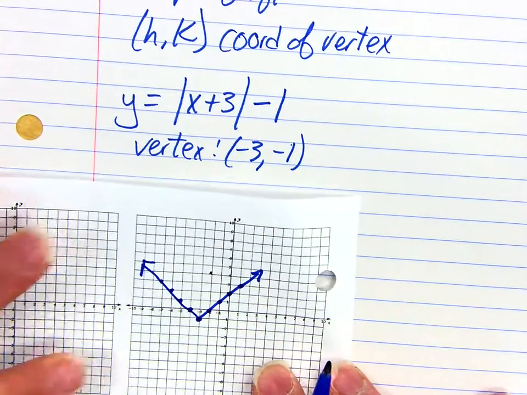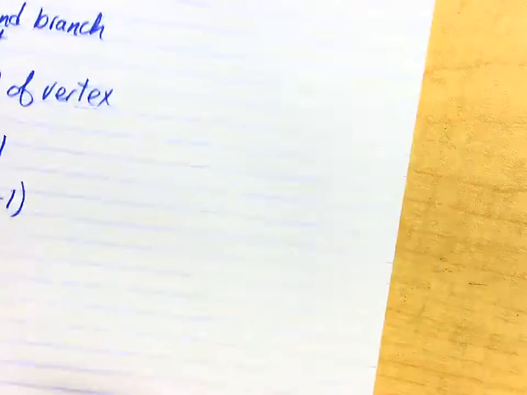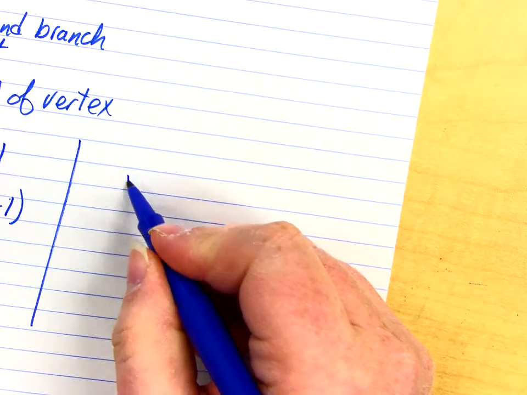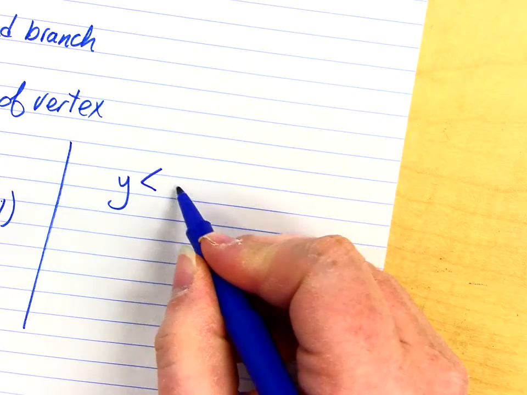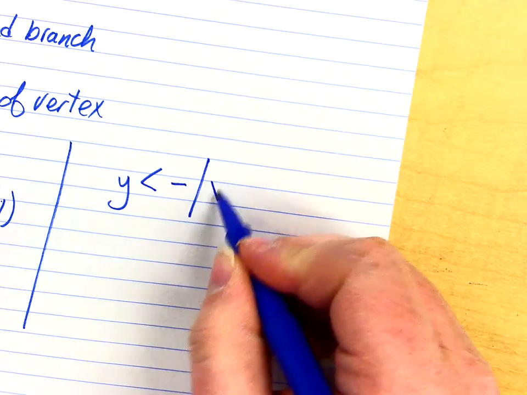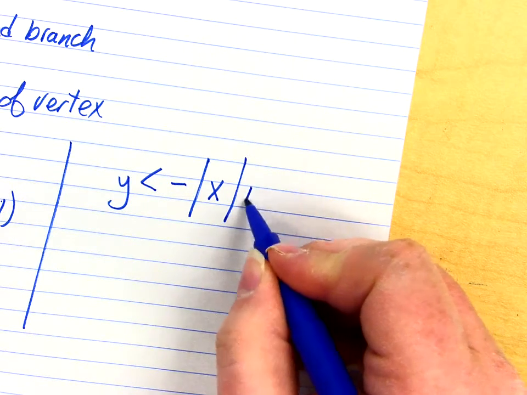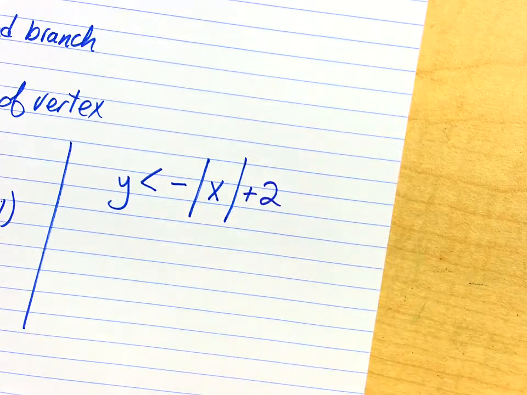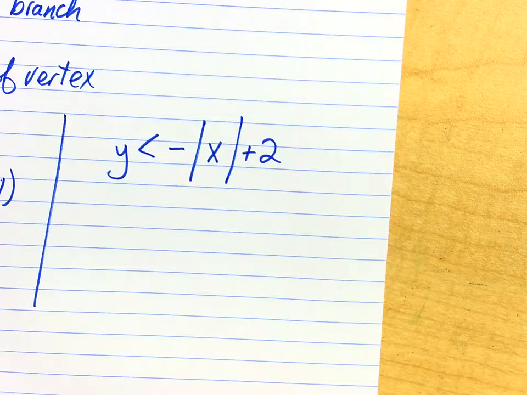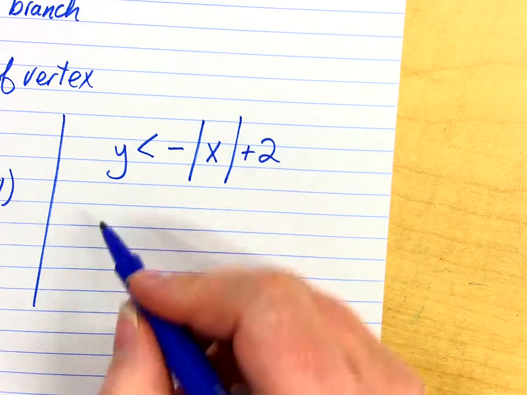Then we did make it a little bit harder yesterday by doing things like, how about y is less than negative absolute value of x plus 2. So I had something like that. So now, where will my vertex be?